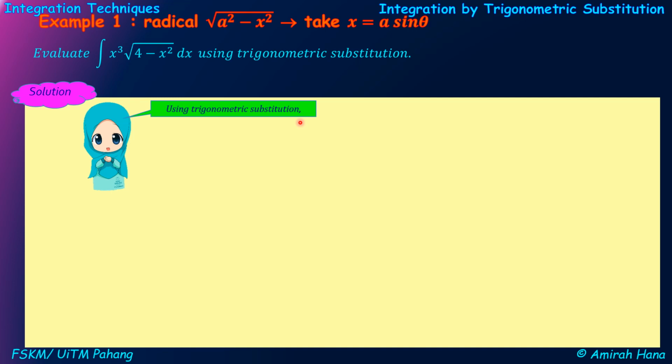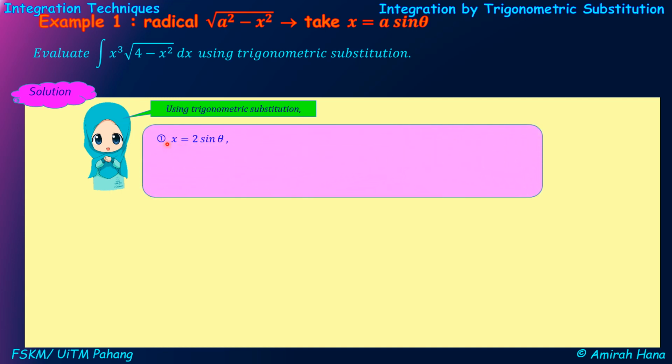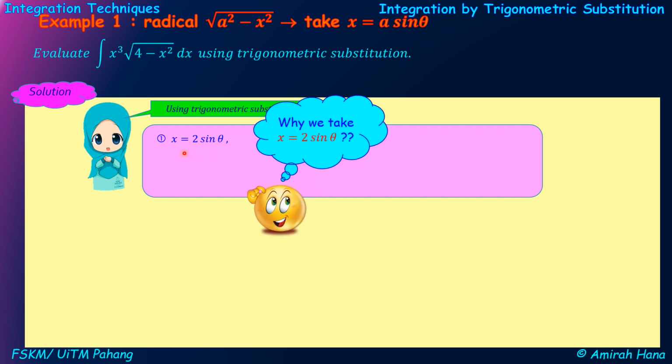Using trigonometric substitution, first step, we take x equals 2 sin theta. Why do we take x equals 2 sin theta? From the given radical function, we have the square root of 4 minus x squared. Then we can compare with the formula, which has the square root of a squared minus x squared, and we take x equals a sin theta.